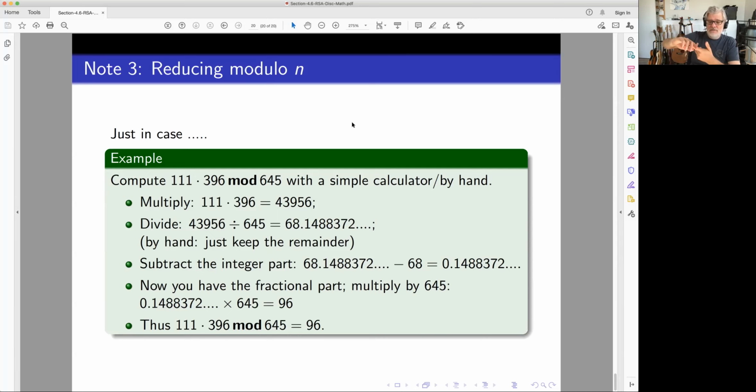I've added how to do exponentiation by hand or calculator and how to reduce mod n. So you've got all these things at your disposal. The WebWorks, I'm sorry, I'm getting there. It will be there tomorrow for sure.